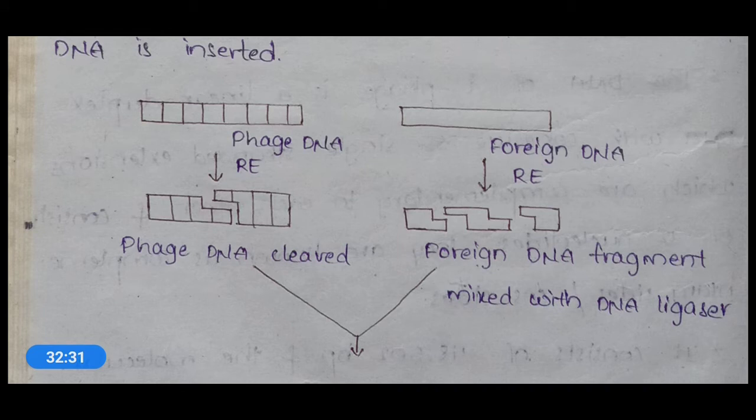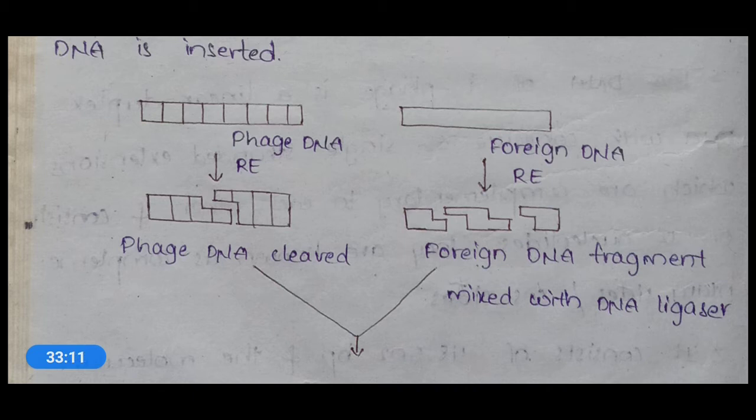So first we have taken phage DNA, and we treated that phage DNA with restriction endonucleases. By using restriction endonucleases, we cleaved that particular phage DNA. So finally we will get two phage DNA molecules with cohesive ends. After that, we'll also take a gene of interest or a foreign DNA.